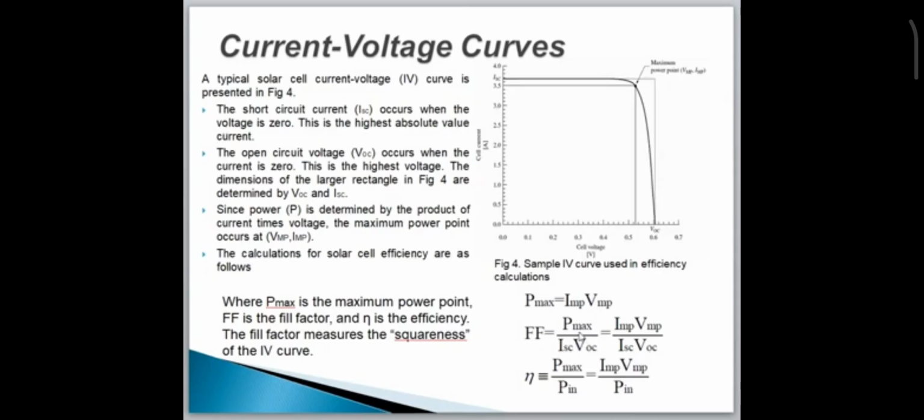If you put in the value of P maximum, that is VMP and IMP, you will find the fill factor. To find the efficiency of the single junction solar cell, P maximum divided by P input gives you the efficiency. The fill factor measures the squareness of the IV curve.